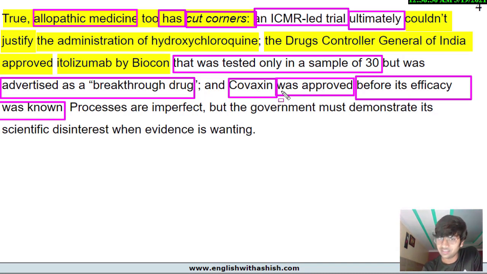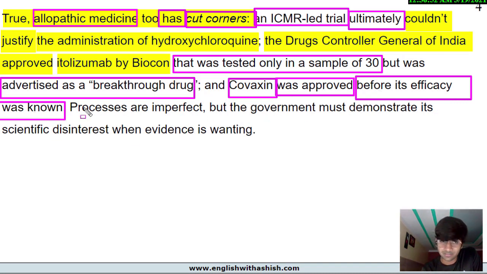It received the approval before its efficacy was known. So subject, verb phrase plus an adverb, which is basically a clause. Before, conjunction; its efficacy, subject of this clause, a noun phrase; was known, verb phrase.